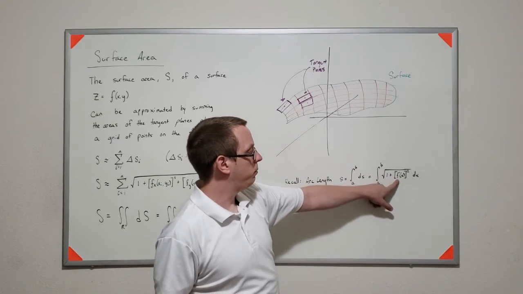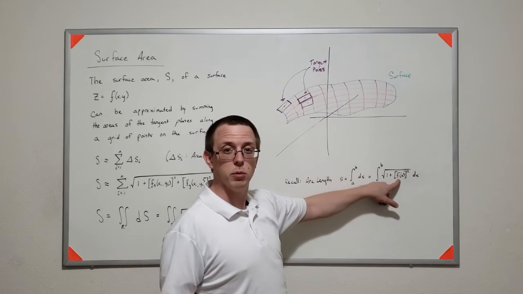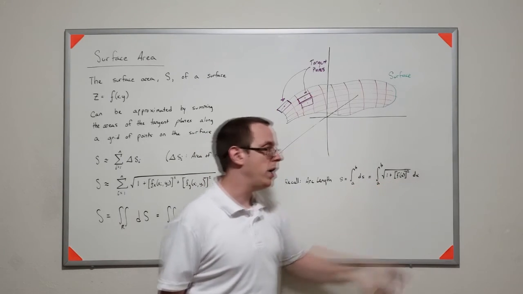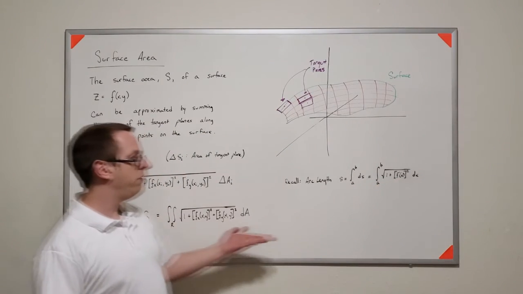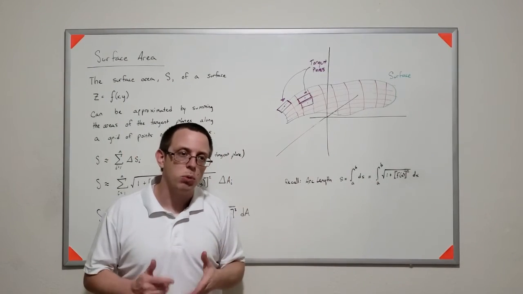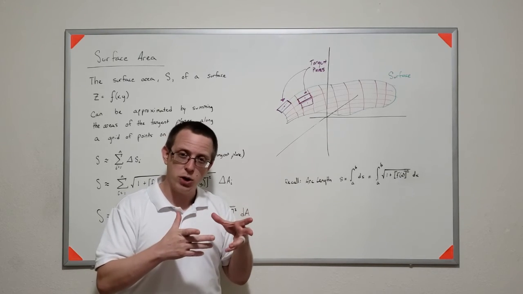So instead of a partial with respect to x, there are not multiple variables here, so it's just the derivative with respect to x squared, but there's no y term. But notice how very, very similar these are, and that's because they fundamentally operate very similarly in that we define some sort of geometric object.